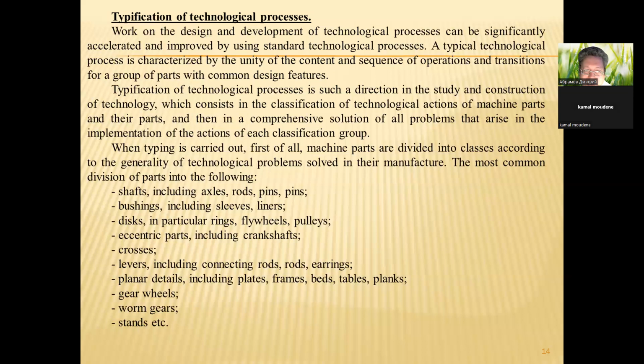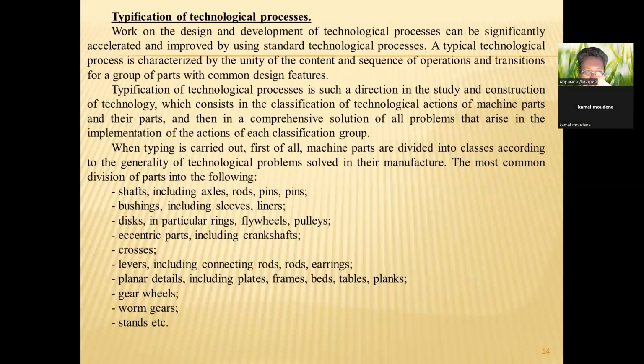When typing is carried out, first of all, machine parts are divided into classes according to the generality of technological problems solved in their manufacture. The most common division of parts into the following.